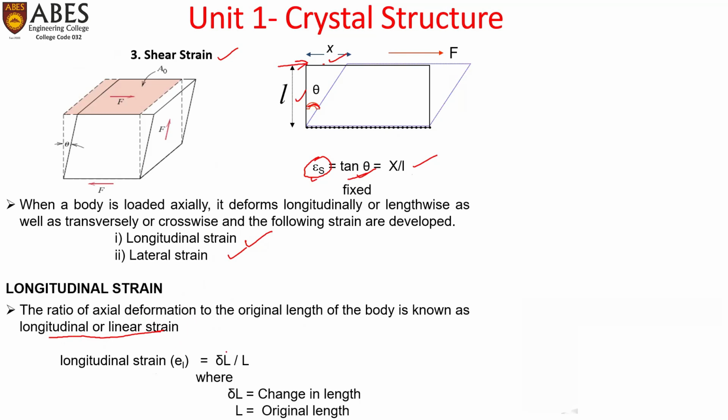This can be obtained by delta L upon L, where delta L is the change in length and the original length is L. This is the same as L minus L naught upon L naught for a tensile loading condition.